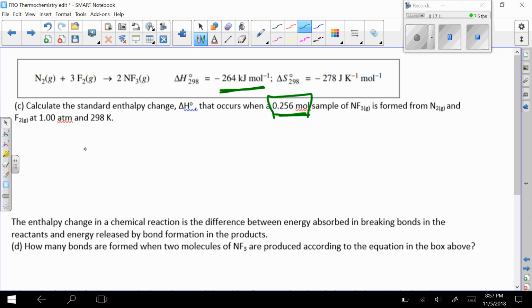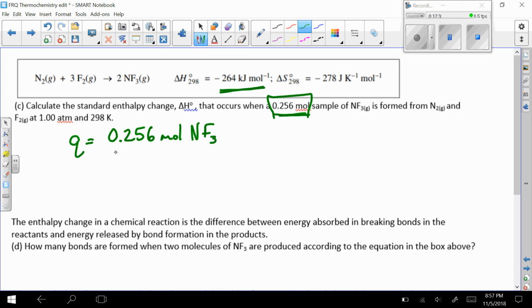If we start with trying to find Q, how much heat is released, we start with 0.256 moles of our nitrogen trifluoride.